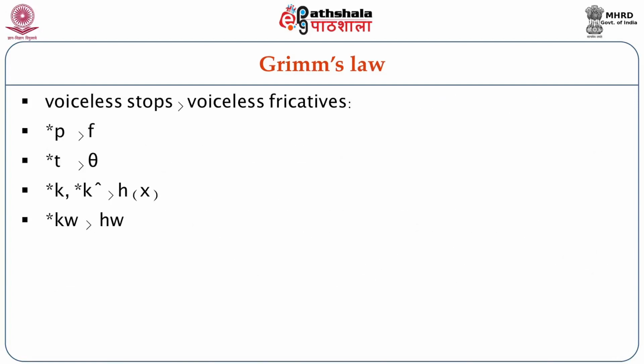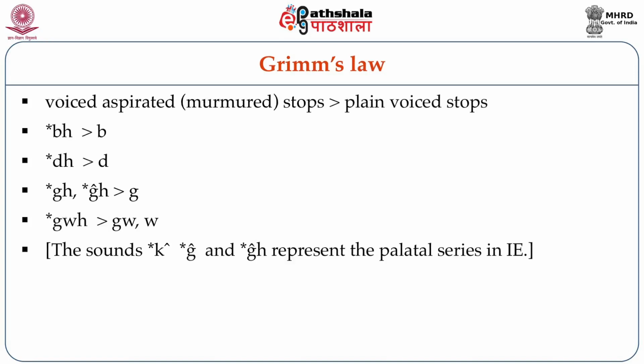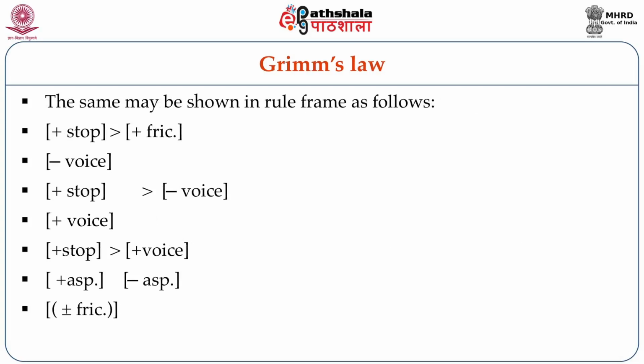One, voiceless stops change to voiceless fricatives. Two, voiced stops change to voiceless stops. Three, voiced aspirated stops, sometimes called murmur stops, change to plain voiced stops. The same may be shown in the rule frame as follows.